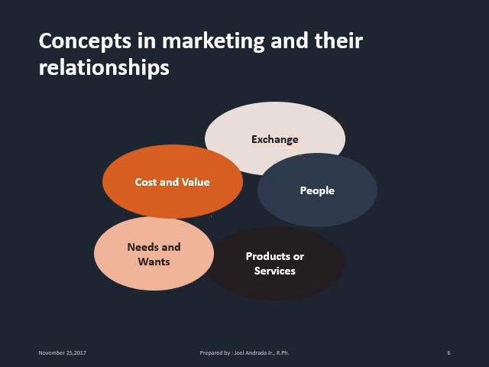So I guess by knowing these five core concepts of marketing, the needs and wants, the people, the products or services, the process of exchange, and the cost and value, and knowing their relationships, you'll be able to make your own definition of what marketing really is.